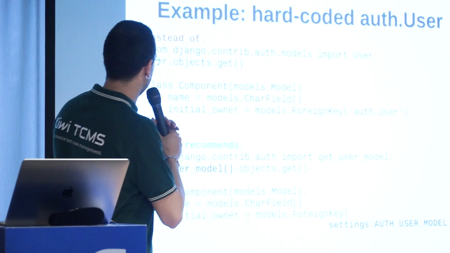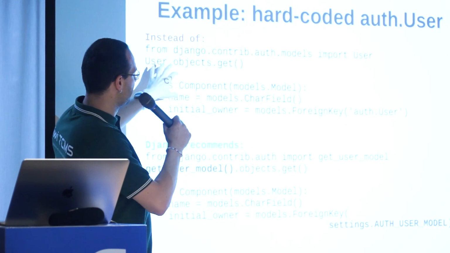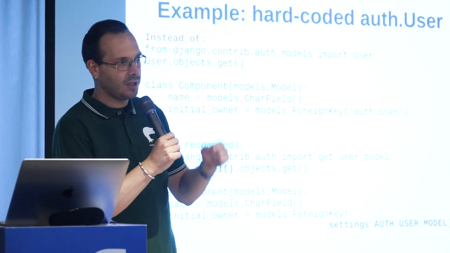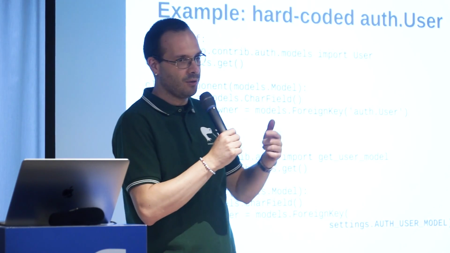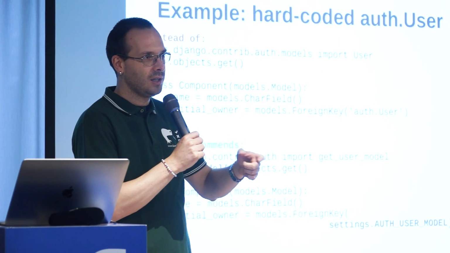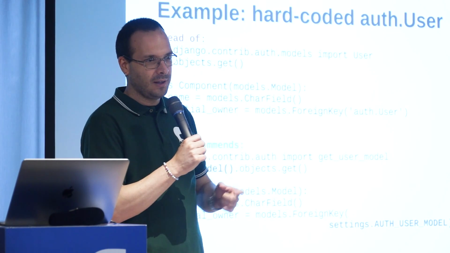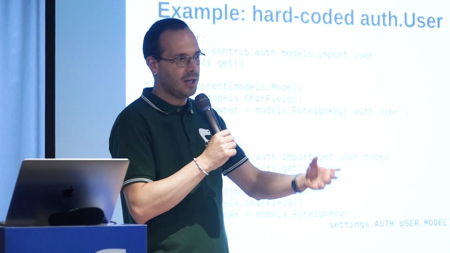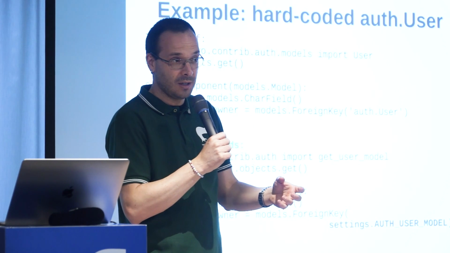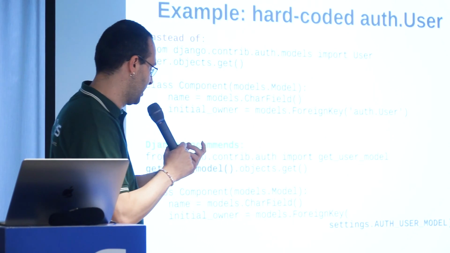So do this thing. Don't issue queries against the user model directly, and don't hard code this model as foreign key relationship. The reason is because there is a setting, and this model can be changed. And somebody who is installing your application can decide that they don't want to use the defaults, they want to use something else. This is what Django says.